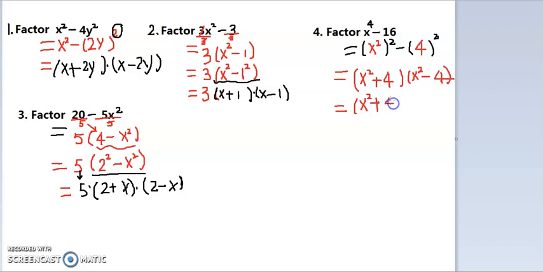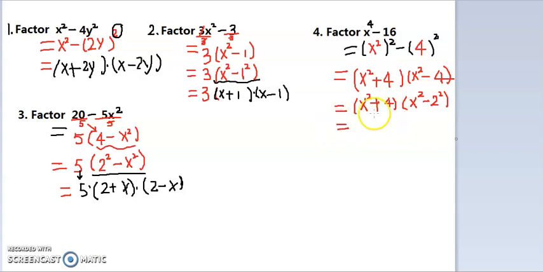But the second one, x squared minus 4, we know that is also a difference of 2 squares because that 4 can be written as 2 copies of 2. So we're going to rewrite that 4 as 2 squared. The reason we're doing this is so we can apply the formula easily.